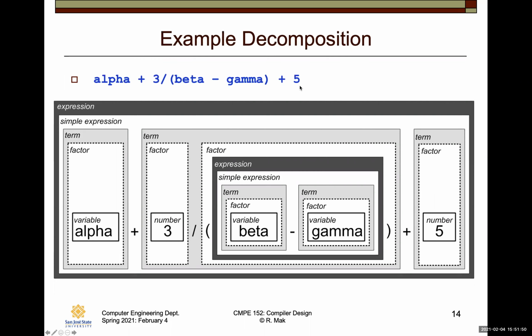Now, why did I show you this? I want you to see expression, simple expression, term, and factor. This decomposition is something that the compiler will have to do. In the front end, the parser, when it's getting these tokens one at a time from the scanner, has to be able to figure out that this is an expression, and this is how I break it up into simple expressions and terms and factors and so forth.